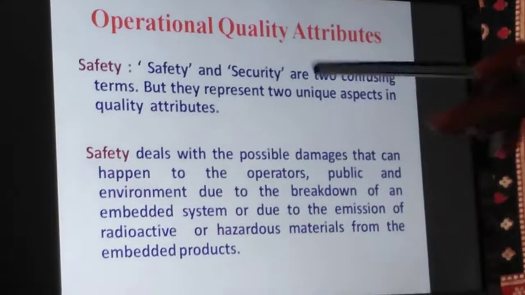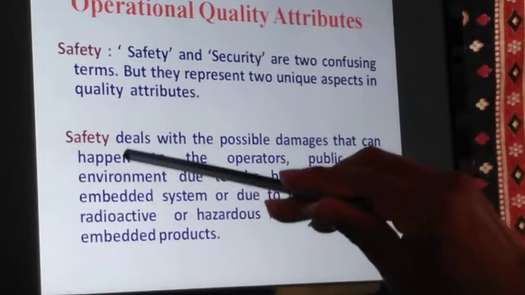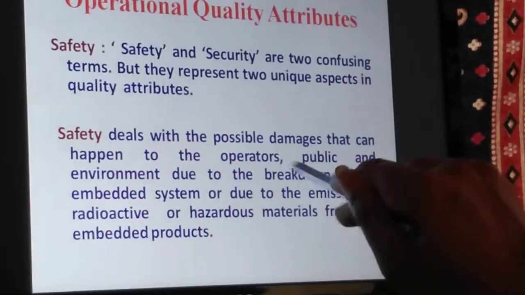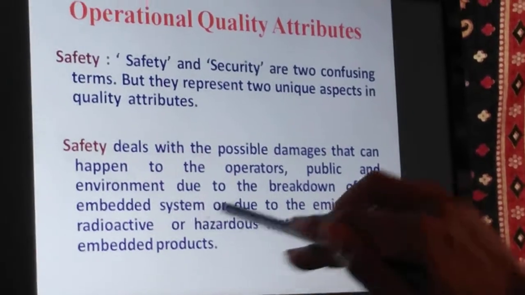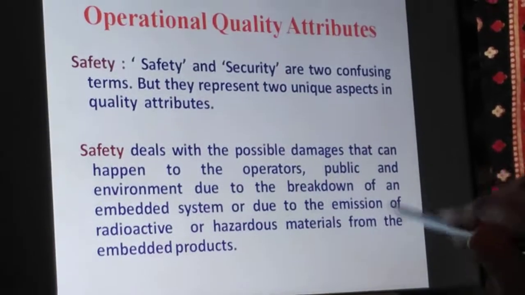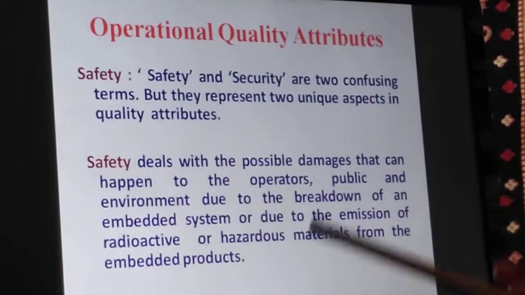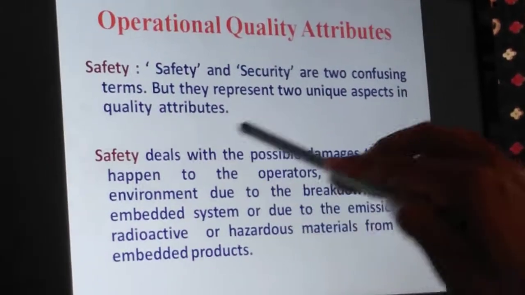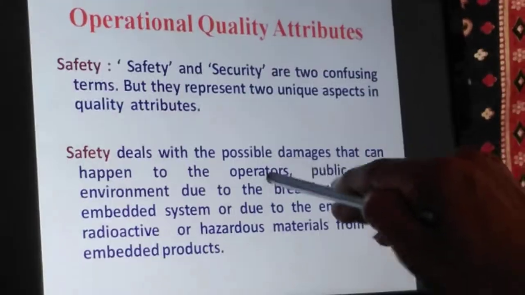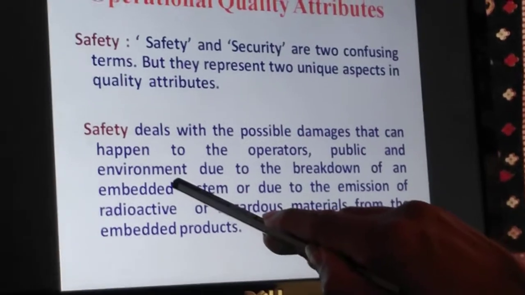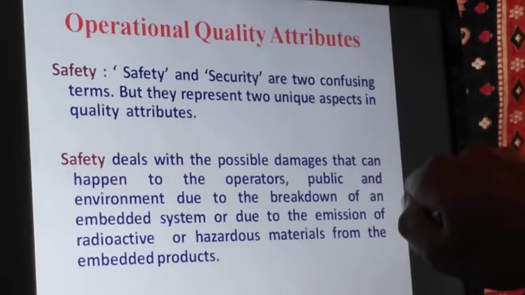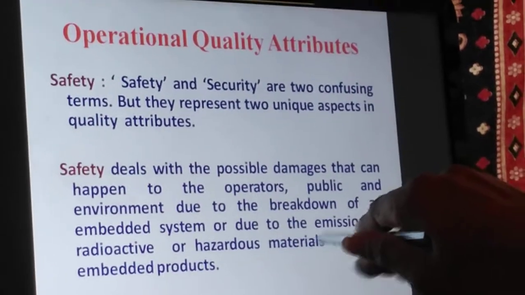Safety deals with possible damages that can happen to the operators, public and environment due to breakdown of an embedded system or due to emission of radioactive or hazardous materials from the embedded products.